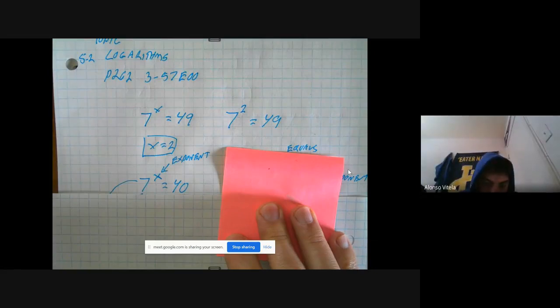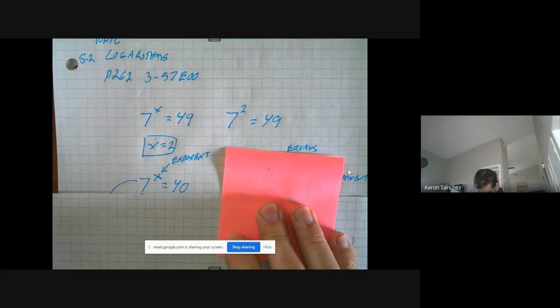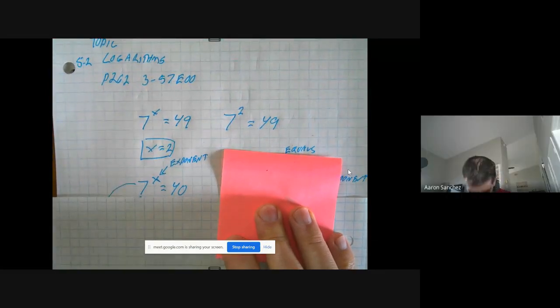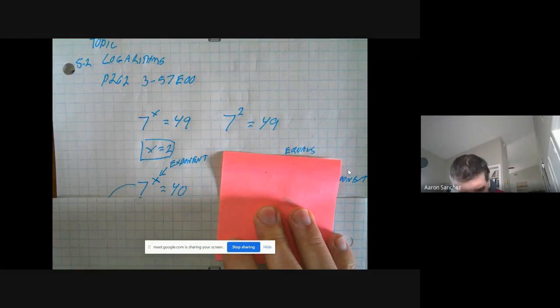Maybe like 1 point something. I want exact. Do you know? No. Neither do I. Okay? And that's where we have no way of solving this algebraically. We cannot do it. We don't know how to do it yet, except for logarithms.